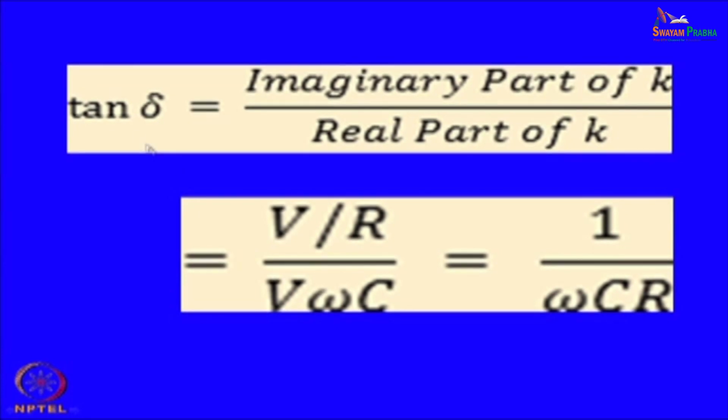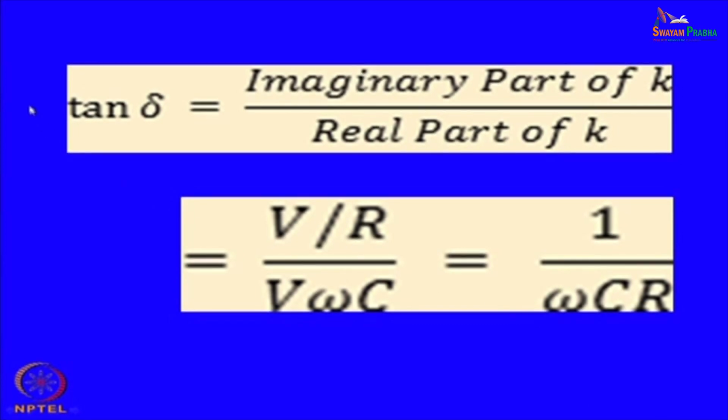So, tan delta is like this: V by R is the imaginary part of the K and the real part of the K is V omega C. So, ultimately it is 1 by omega C R, in terms of the parameters of the equivalent circuit.